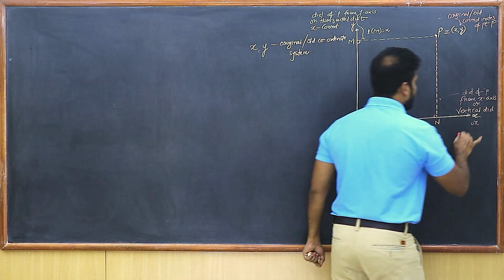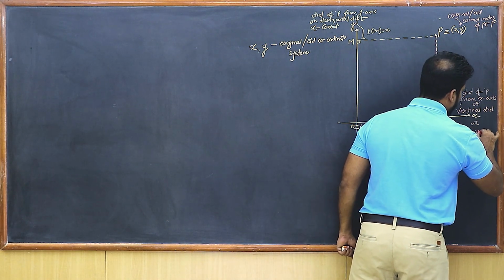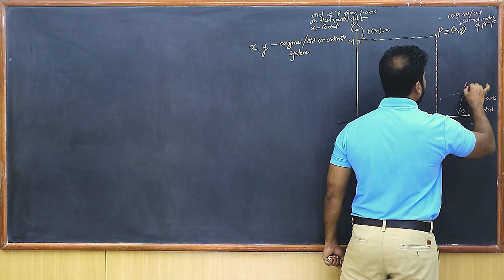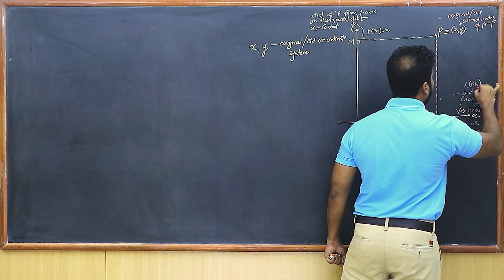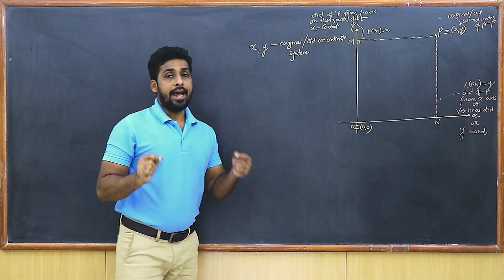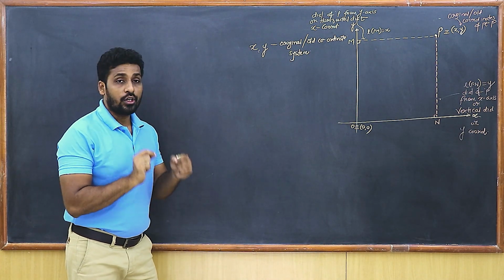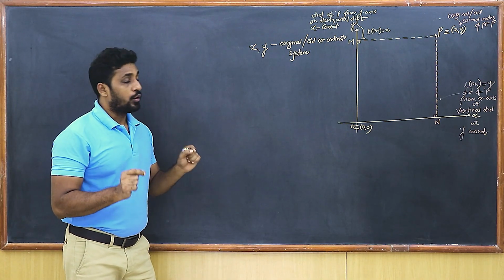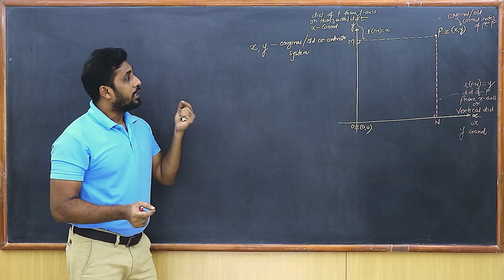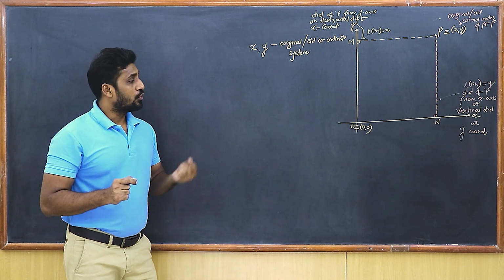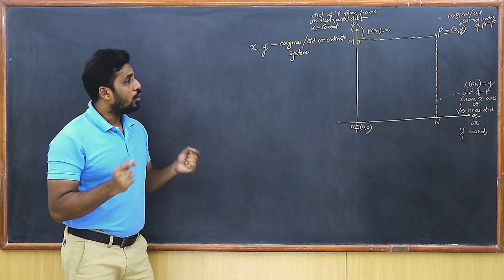Getting or not? So this is the y coordinate, isn't it? So I can say that the length of PN is going to be y. So here I have shown the horizontal and the vertical distance of the point P with respect to the y-axis and the x-axis. The distance from the y-axis will be called the x-coordinate, and the distance from the x-axis will be called the y-coordinate.